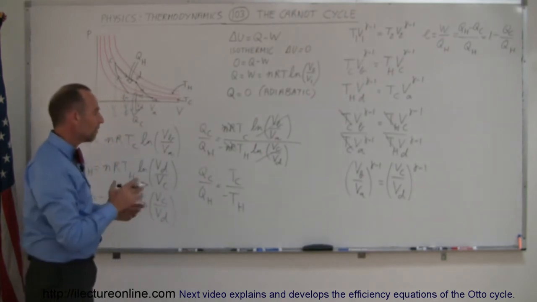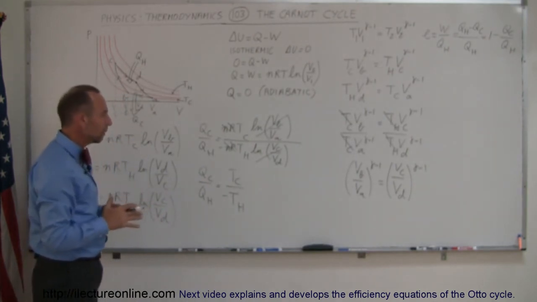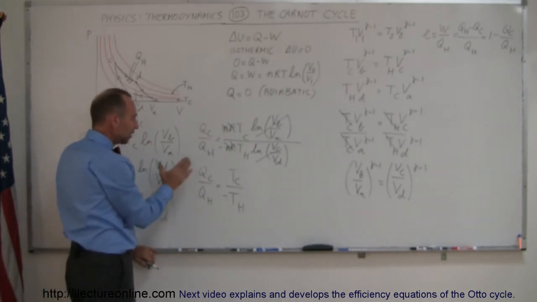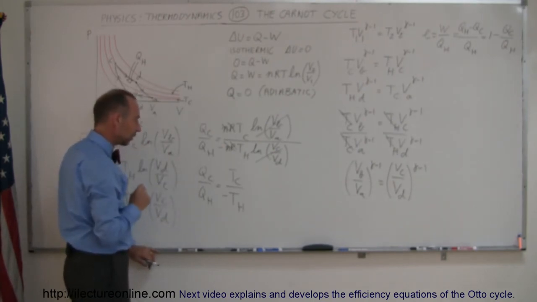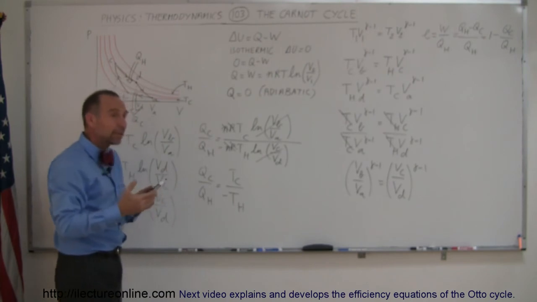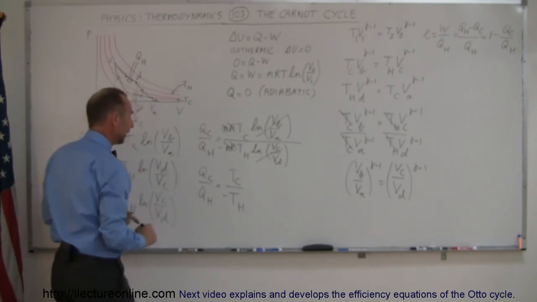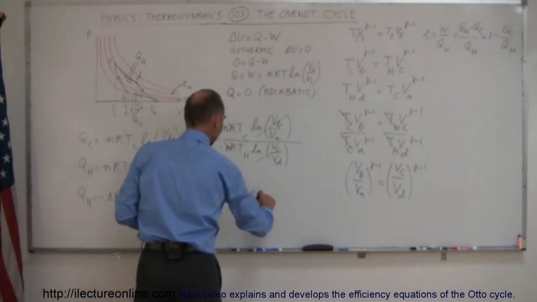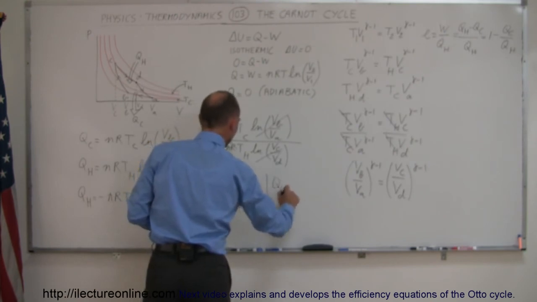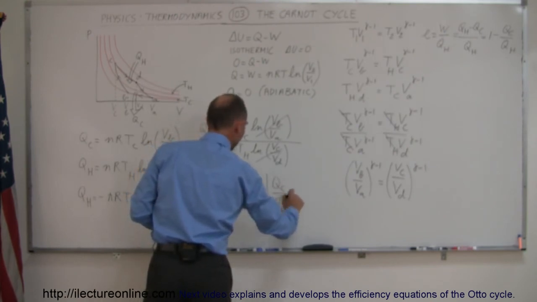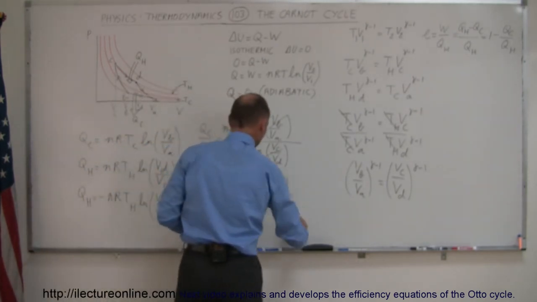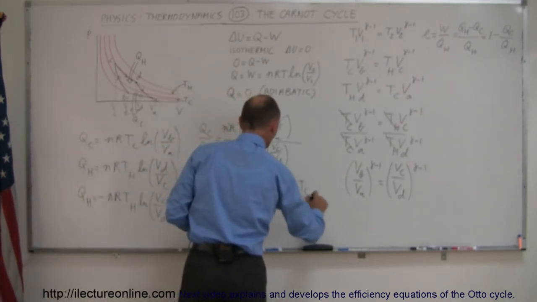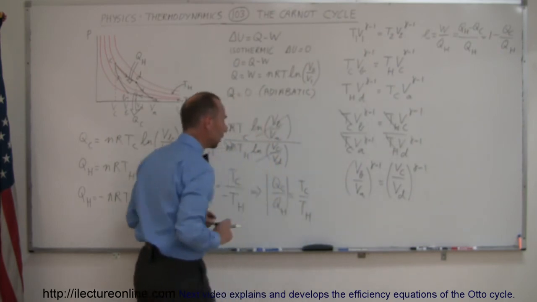Now, does the minus make sense? Well, it depends. Notice that if I only take the absolute value of the left side of that equation, because if I simply look at the quantity, not the sign, and if I then write it like this, if I say the absolute value of Q cold over QH is equal to, and I can just get rid of this negative sign right here, and simply say that is equal to T cold over TH as a positive quantity.